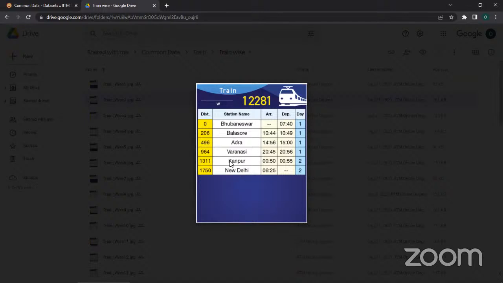So in this direct matrix, sir, if we want to incorporate train 12281, we can consider the route from Bhubaneswar to Balasore as 1, Balasore to Adra as 1, Adra to Varanasi, and not just that, even Bhubaneswar to Adra. All those nested things will come. That's why I said it will be a nightmare for a single train.